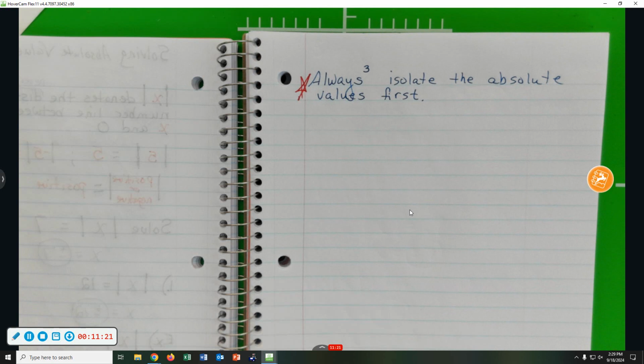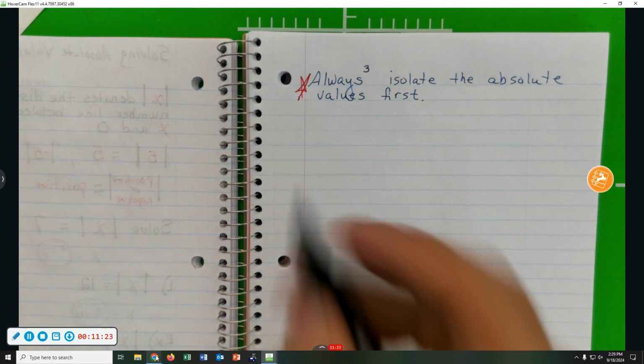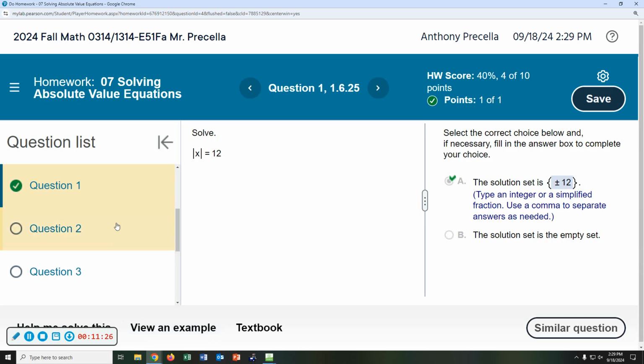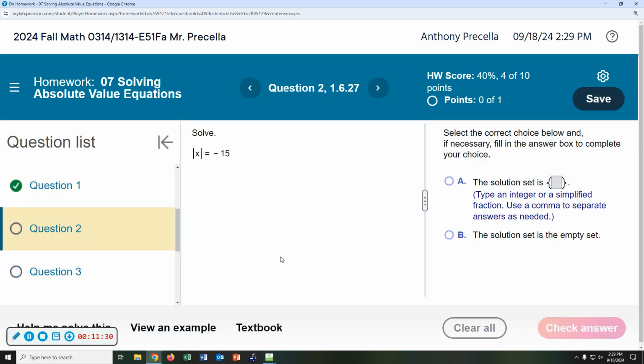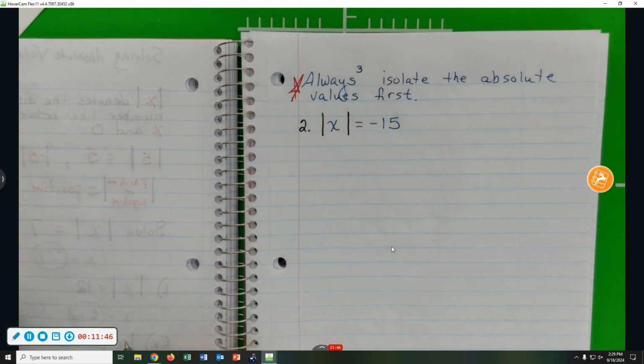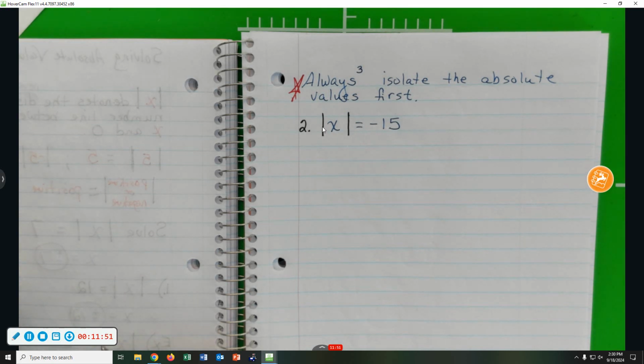So let's see number 2, see what it looks like. Absolute value of x equals, is that a negative 15? We have the absolute value by itself on one side. We have a negative number on the other side.